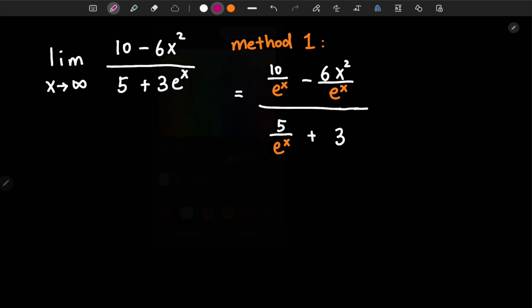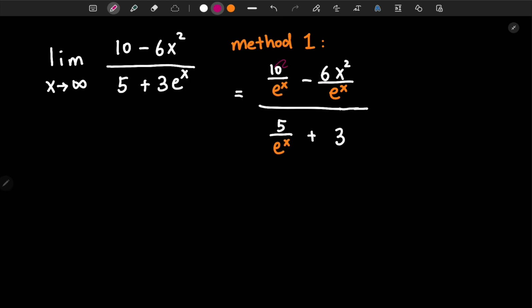Okay, now if we look at each piece of the function, this part, as x goes to infinity, goes to 0. This part, as x goes to infinity, also goes to 0. Because we know the exponential function grows much faster.